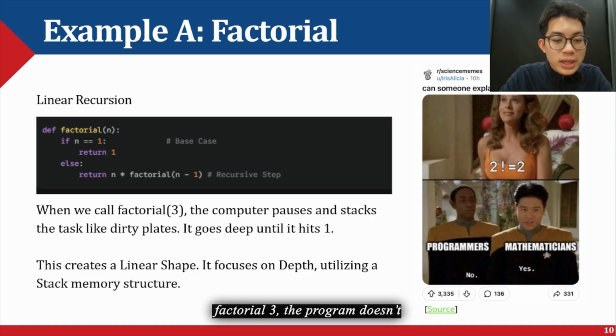When we call factorial 3, the program doesn't solve it yet. Your computer will pause and put that task on a stack, then go to factorial 2, then go deep until it hits 1 and returns the values. This is linear recursion, and it focuses on deeply utilizing a stack memory structure.